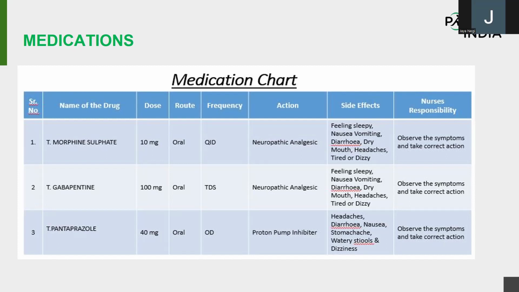Ma'am, I want to add that if we are giving morphine, we can add metoclopramide. But only for 3 days. If you start with metoclopramide initially for an opioid naive patient, you can think about it.